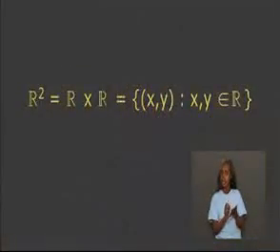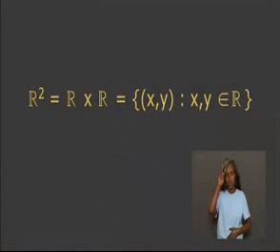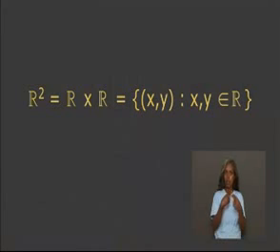Now that you are familiar with the shape of a cone, let us move on to discuss it in relation to coordinate geometry. The coordinate plane can be considered as a set of points which can be written as R squared, which equals R cross R, which is the set of ordered pairs (x, y), such that both x and y belong to the set of real numbers.